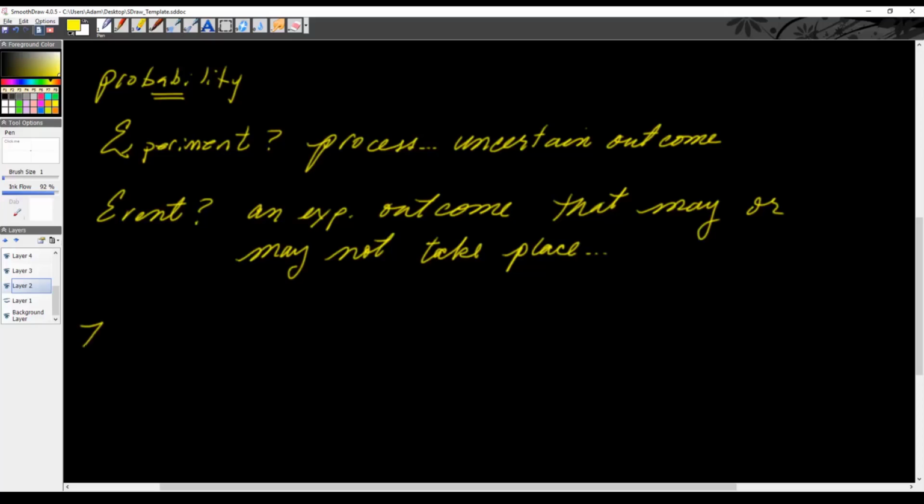Next, what is a probability? It is a number that measures the chance that the event will occur when the experiment is performed.